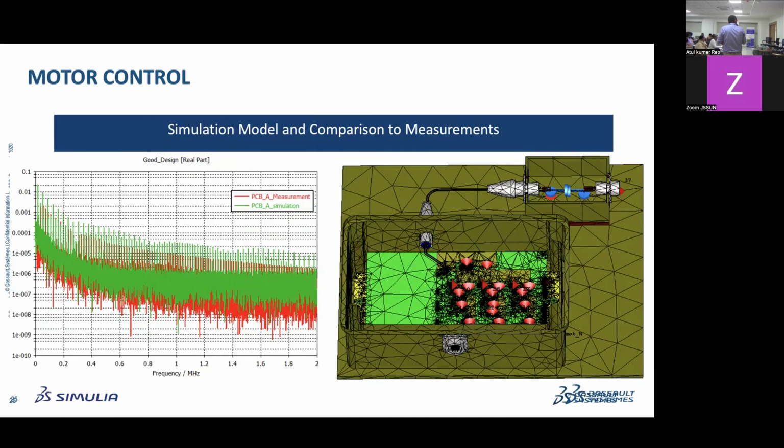You see that both the PCB measurements A and B are more or less agreeing with each other. The red one is the measurement, and the green one is the simulation. There are some slight variations, but that's because we have taken a simplified model of the PCB here. The more information you put into your structure, the closer the alignment you will see.